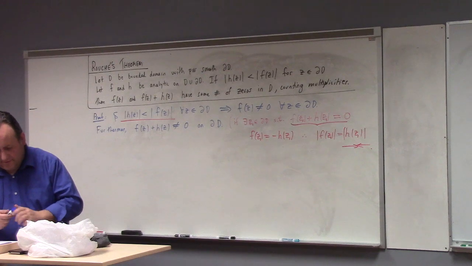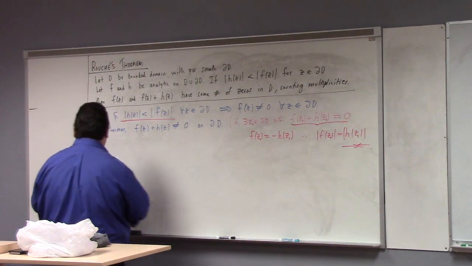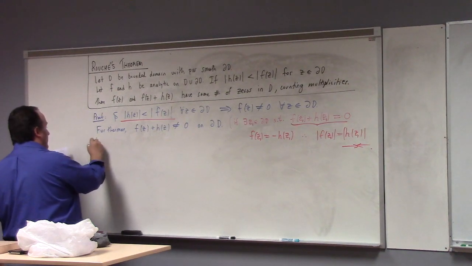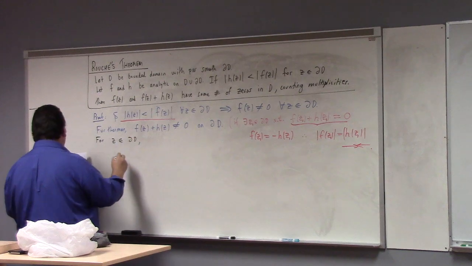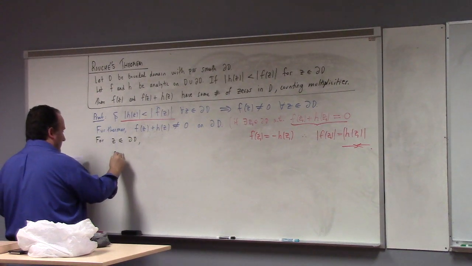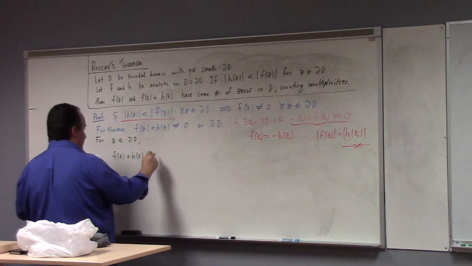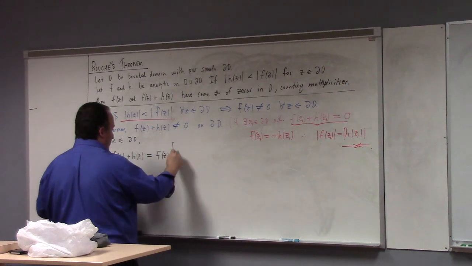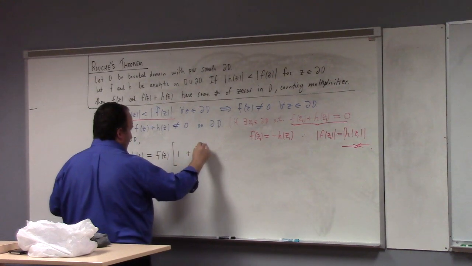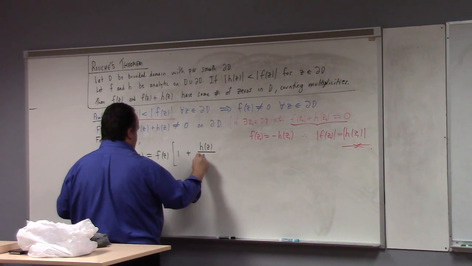So then for z in the boundary, we can do a calculation. Let's do it. So here it goes. For z in the boundary of D, we have f of z plus h of z is equal to f of z times 1 plus h of z over f of z.